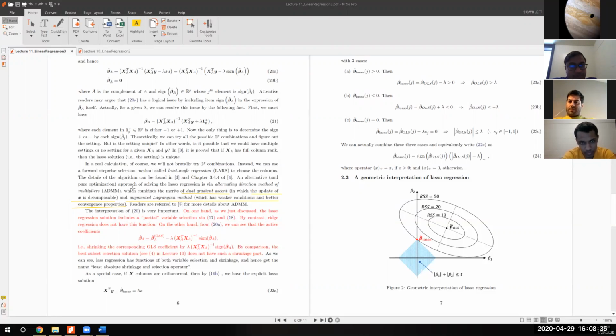So ADMM combines these two parts. It's very good for problems which are convex but not strictly convex, and which are decomposable, meaning a summation over i from 1 to, for example, p or n, of different parts. Regarding the details of ADMM, please refer to reference 5.